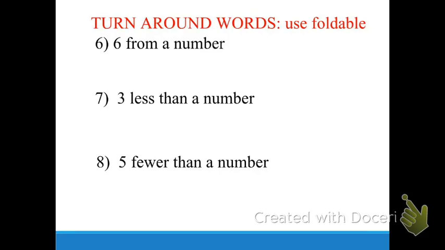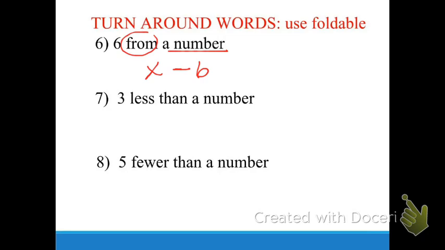So when we say the word from, it means turn it around. So instead of being 6 minus a number, it means a number, x, minus 6. You turn it around. This is very, very important, because you will get them completely wrong if you don't get this part. Okay, so from is a turnaround word.